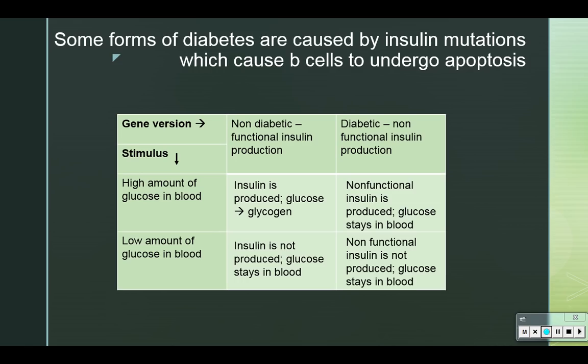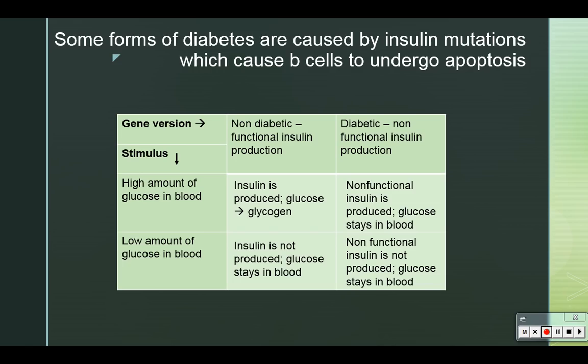And then if you're diabetic with this form of diabetes, and you have low amounts of glucose, still non-functional insulin, but in this case, it is not produced. Here the non-functional insulin is not going to be produced, so the glucose stays in your blood. So understand that difference between non-functional insulin is produced and the glucose stays in the blood versus the non-functional insulin is not produced, so the glucose stays in your blood.